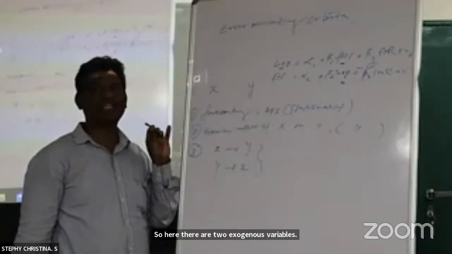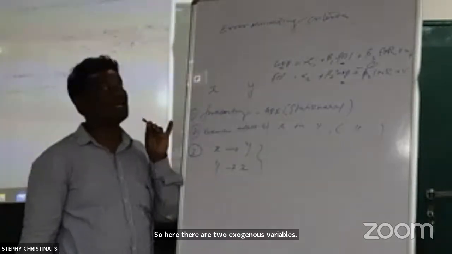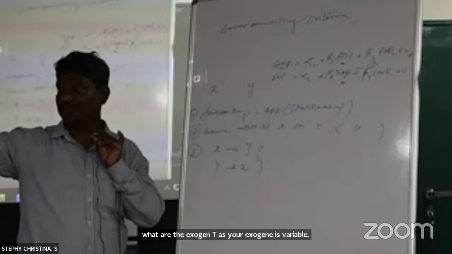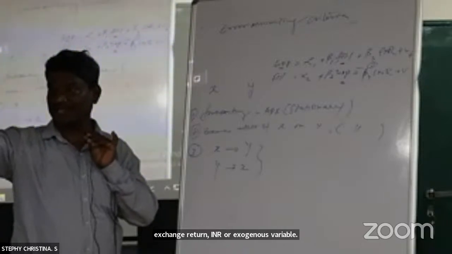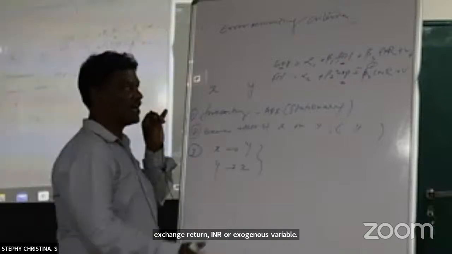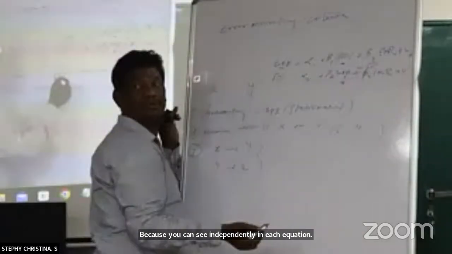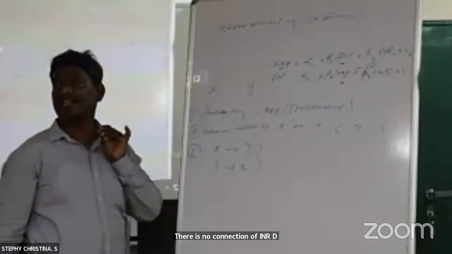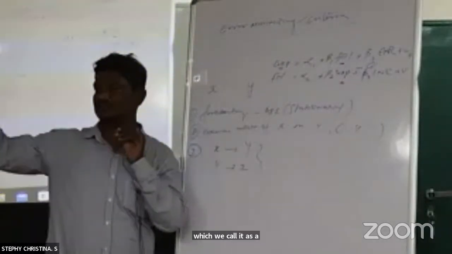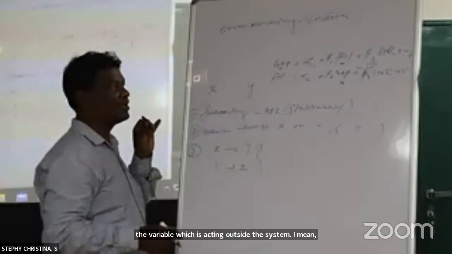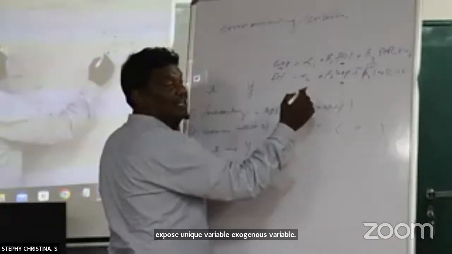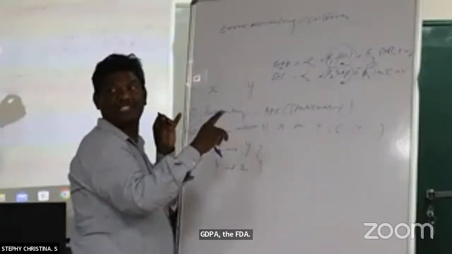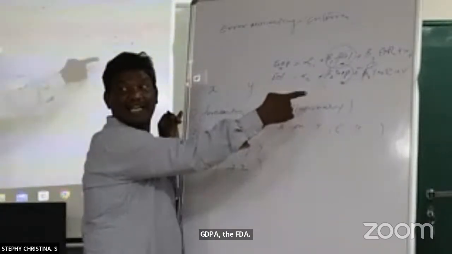What are the exogenous variables? Exchange rate and INR are exogenous variables, because you can see independently in each equation. There is no connection of this in the second equation. There is no connection of INR with the first equation, which we call a variable acting outside the system, an exogenous variable. Now here, which are the endogenous variables? GDP and FDI. Correct? Because each is acting as a dependent as well as an independent variable.